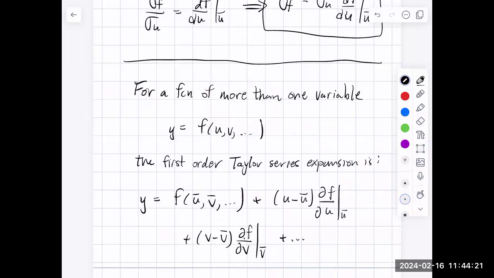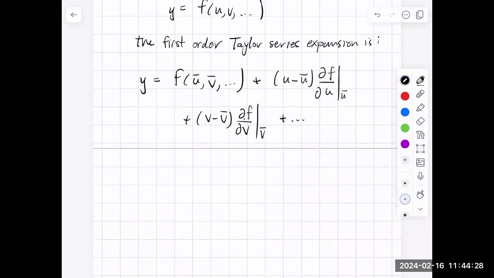Okay, so let's see. Now the argument is pretty similar to what we did for one variable.